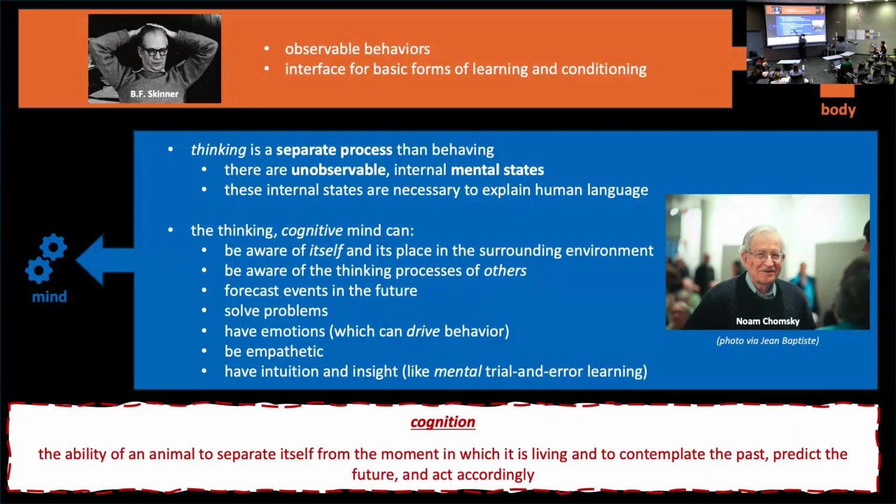So the key thing that links all of these things together is this separation of mind and body and the presence of internal states. So if whatever process you're assuming only makes sense if there's a mechanism that has internal mental states, it's cognitive. If it is just purely based off things you can describe with observables, then it would be behavioral.